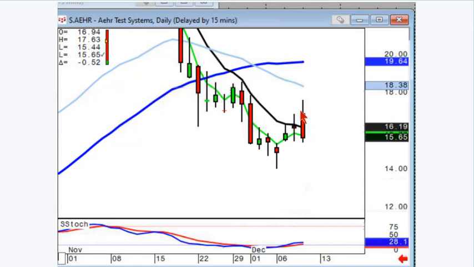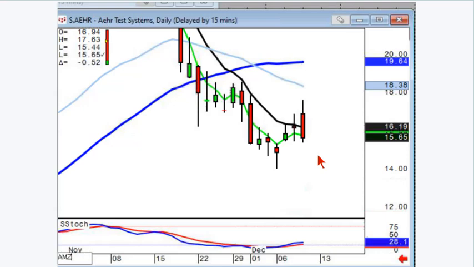If they come back down through the open, the point where the bulls are in control, now who's in control? The bears are in control. You could stop out there. You could stop out at the T line, which would be basically at the previous day's open.